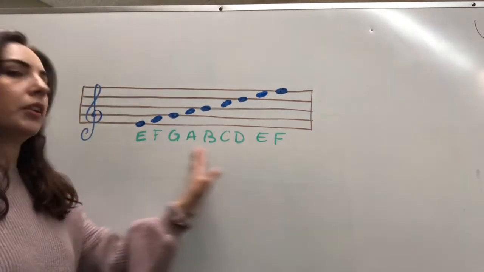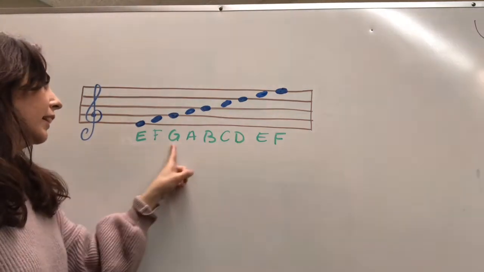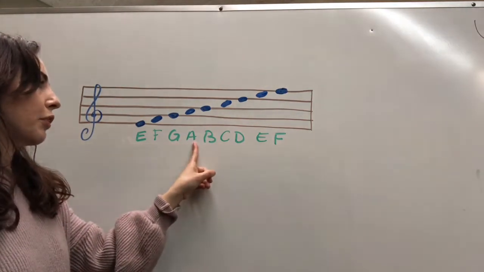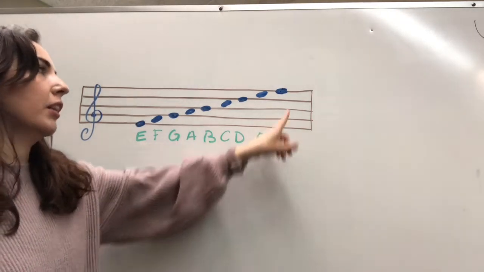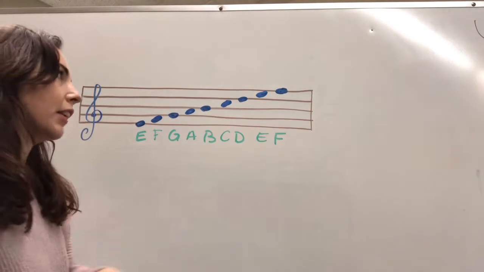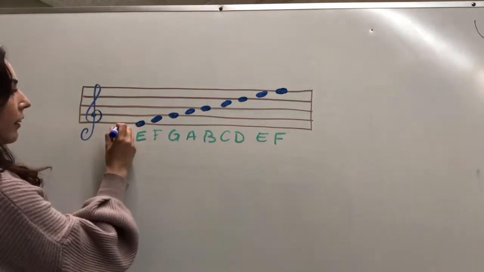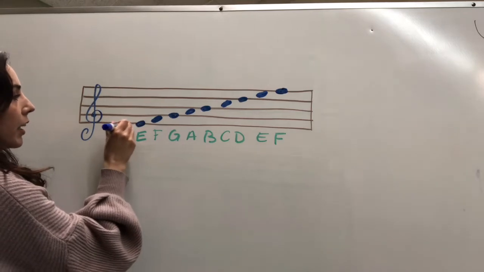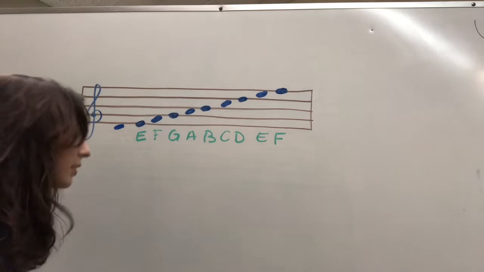And as you can see, this just follows our regular alphabet, stops at G, and starts over at A. So E, F, G, A, B, C, D, E, F, and then the next note would be G, and so on. So then right before E, the letter in the alphabet that would come right here would be D. So we'll put a D right there.